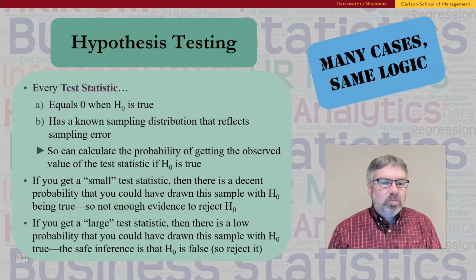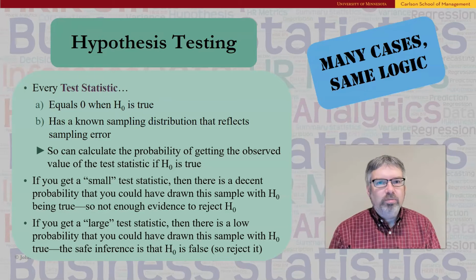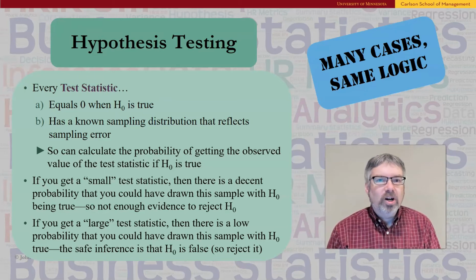Now, instead of getting a small test statistic, suppose we get a large test statistic. We get a value that looks fairly extreme, either positive or negative in some cases. Well, in that case, we might think there's a low probability that we could have drawn this sample under the assumption that the null hypothesis is true. Suppose we assume that mu equals 10 and we get a sample mean of 100.